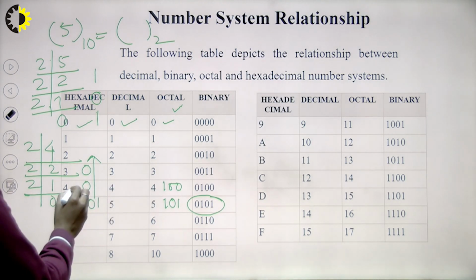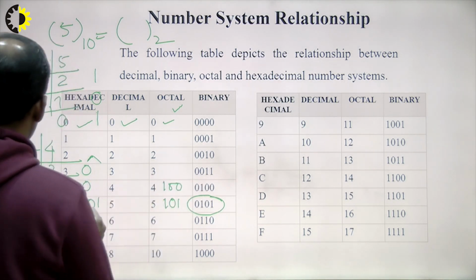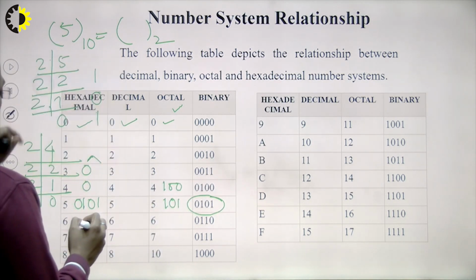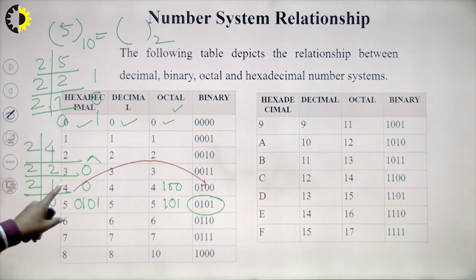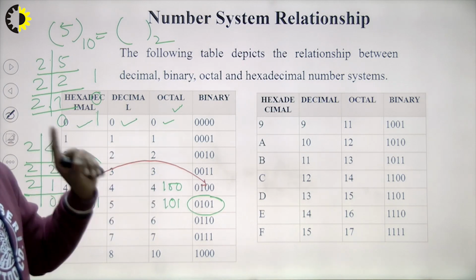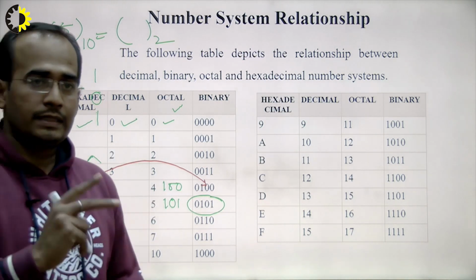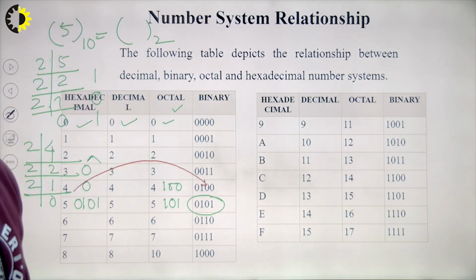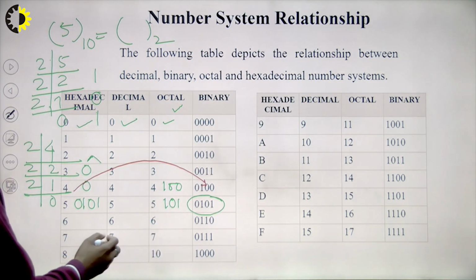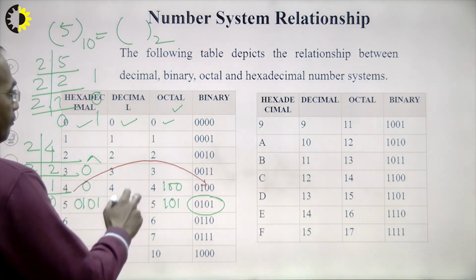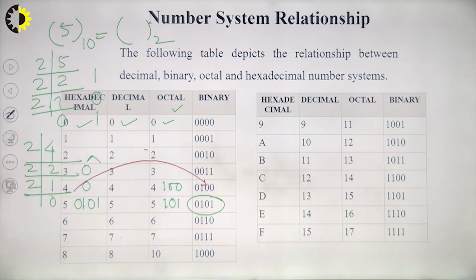This has been written here: 0 1 0 0. In octal number system I will write 1 0 0, in hexadecimal number system I will write in 4 digits 0 1 0 0.